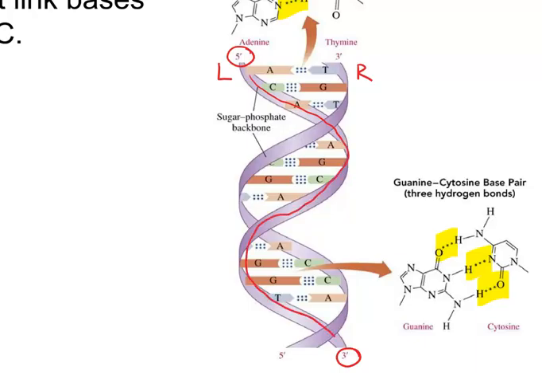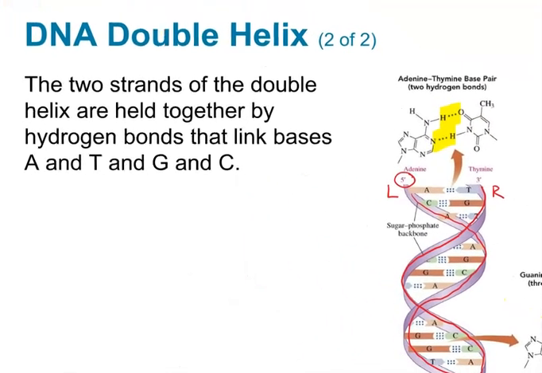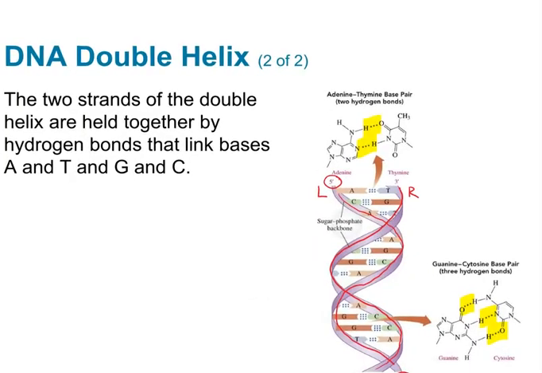The ribbon here represents the sugar-phosphate backbone, and the right strand has the 5' end at the bottom and the 3' end on top. So the strands are anti-parallel.